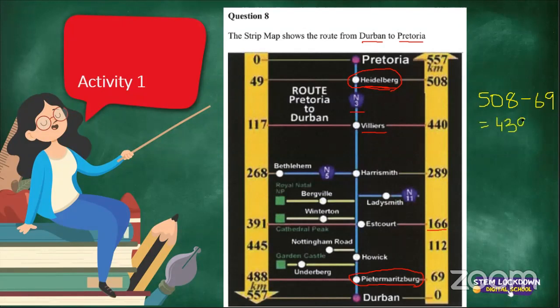But of course we could also use the left-hand side. You could say from Pretoria to PMB it's 488, subtract 49. Your answer would have been the same. It would have been 439. Well done, excellent work.